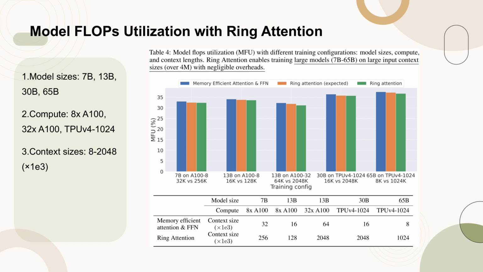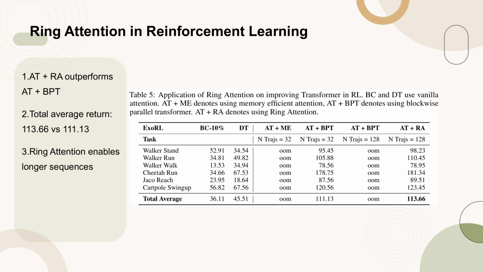Table 5 illustrates the application of ring attention in improving transformer models for reinforcement learning (RL). The table compares different models, including behavior cloning (BC), decision transformer (DT), and augmented transformer (AT), with various attention mechanisms.